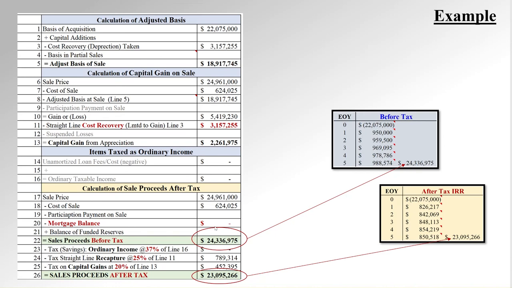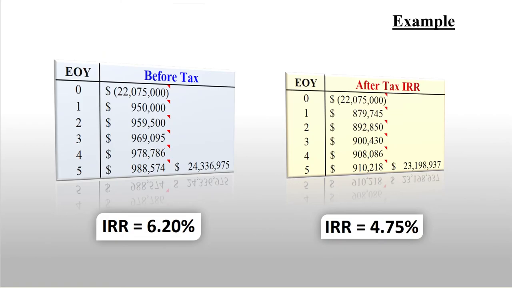So we have the sales proceeds before tax, which goes here. And when you adjust it for the ordinary income and recapture and capital gains, the sales proceeds after tax would be $23,095,266, which goes to the after tax. From here, then, it would be very easy to determine our yield or our internal rate of return.